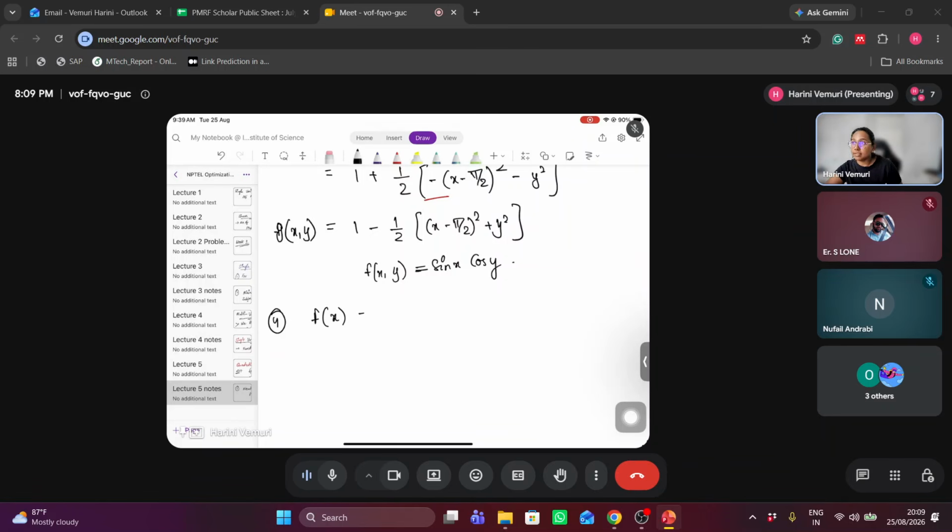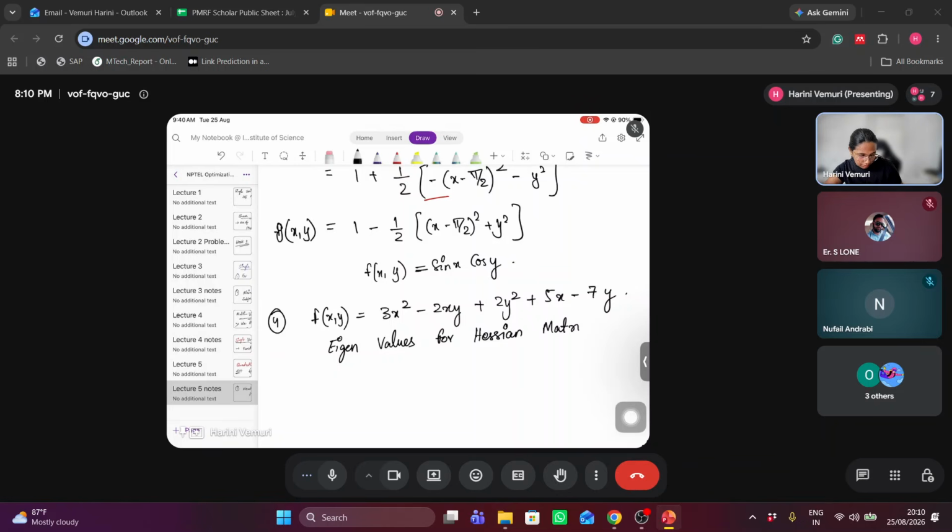f of x comma y equal to 3x square minus 2xy plus 2y square plus 5x minus 7y. What are the eigenvalues of the Hessian matrix of f of x comma y?